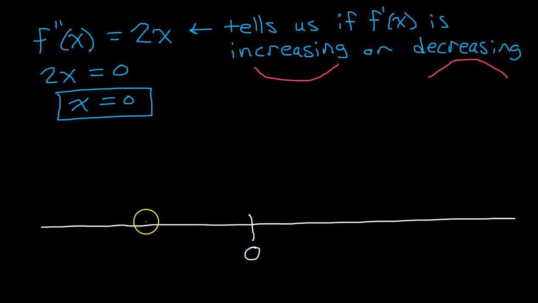So of course we will need test values in each of the intervals that I have just created. So let's use a test value of -1. So we'll do a test value of -1 over here. And let's do a test value of +1.